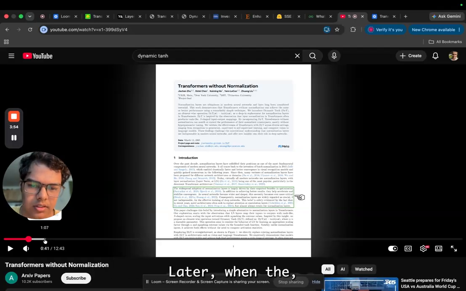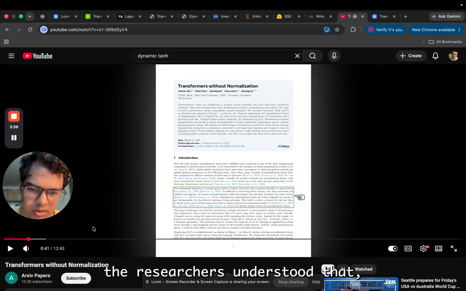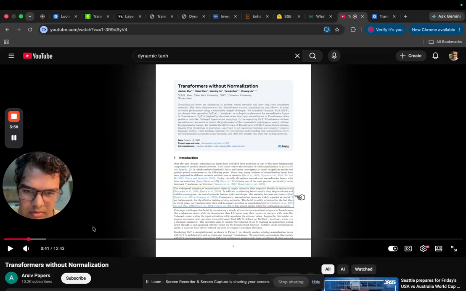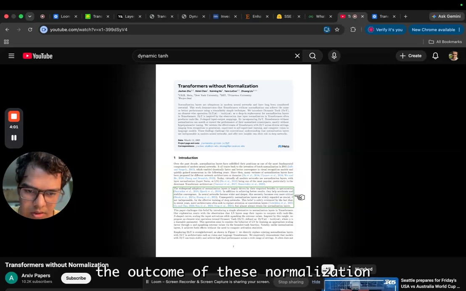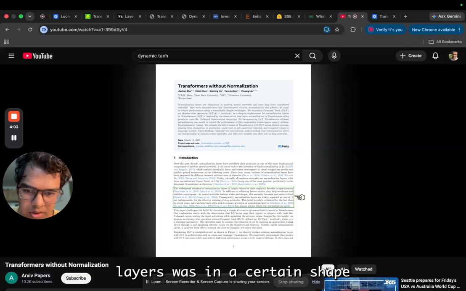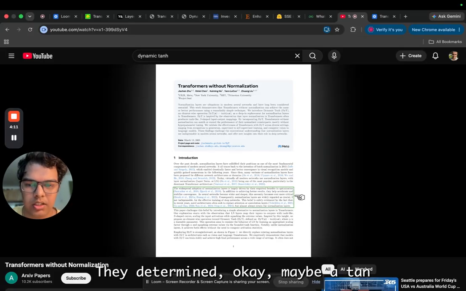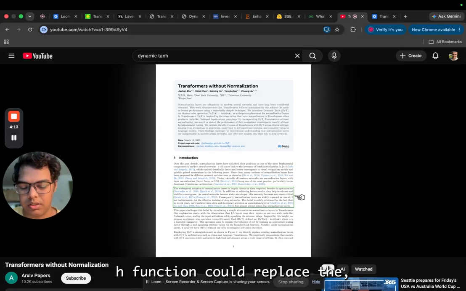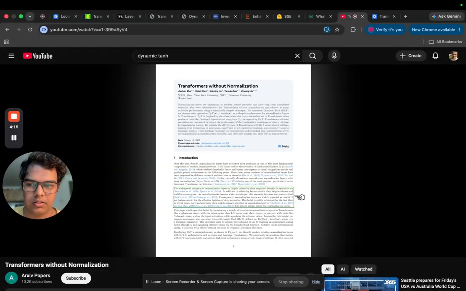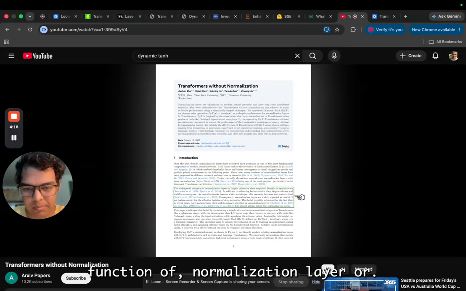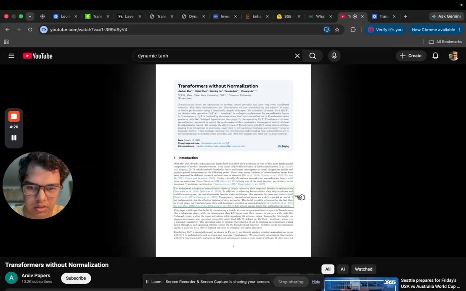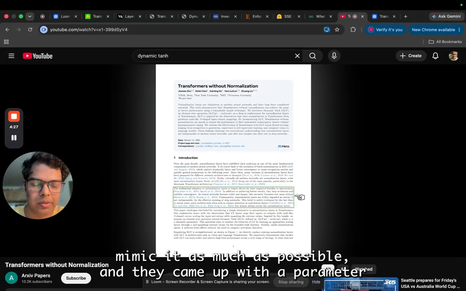Later, the researchers understood that the outcome of these normalization layers was in a certain shape that was very familiar to a tanh function. They determined that maybe a tanh function could replace the function of a normalization layer, and they tried to mimic it as much as possible.